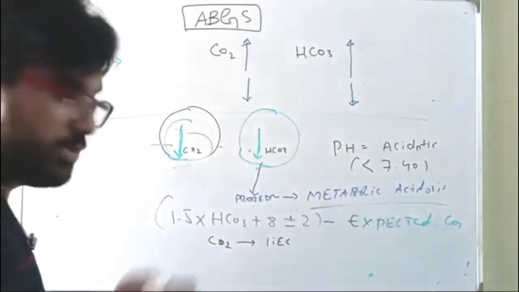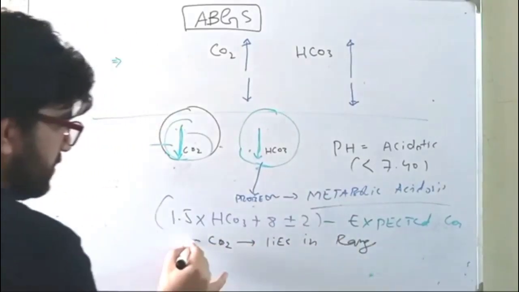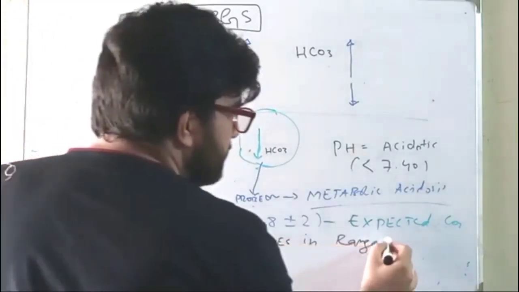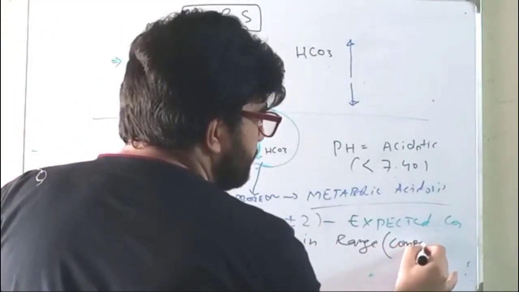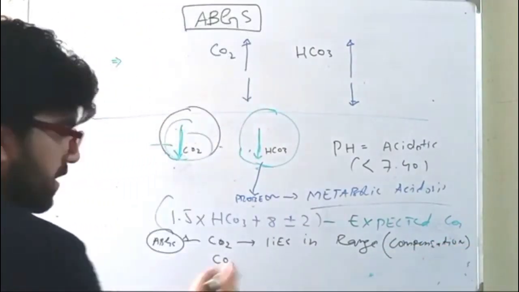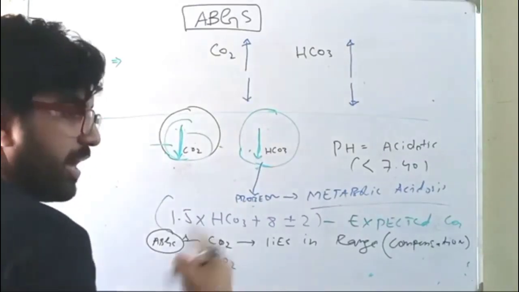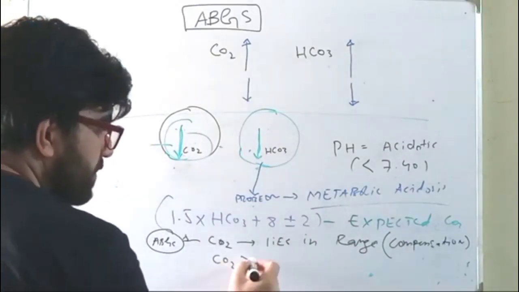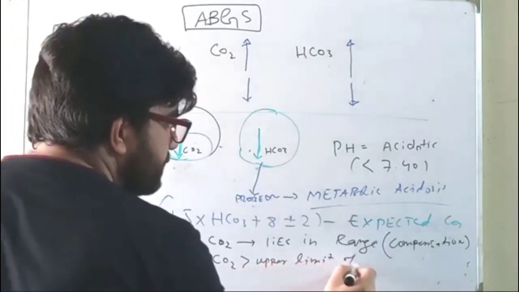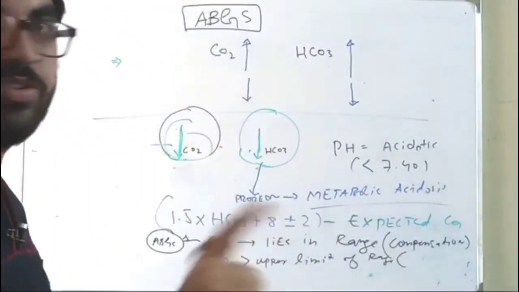If that CO2, from the ABGs or the question that is given, lies in the range, this is compensation. If the CO2 comes out of the range, but it is on the high level, more than the upper limit of the range, then there is metabolic acidosis along with respiratory acidosis.